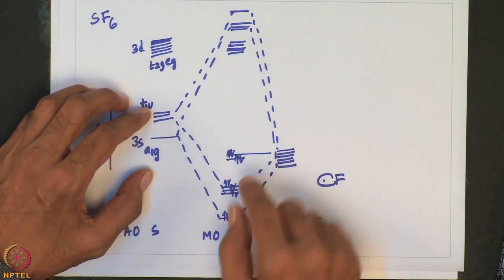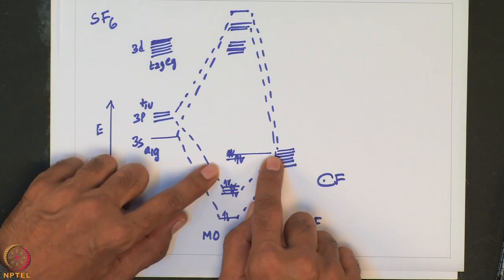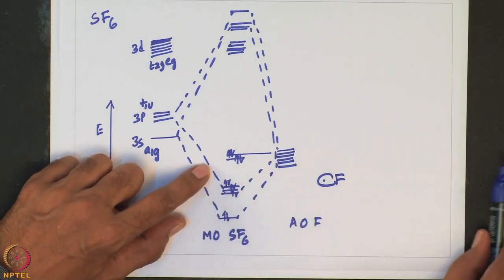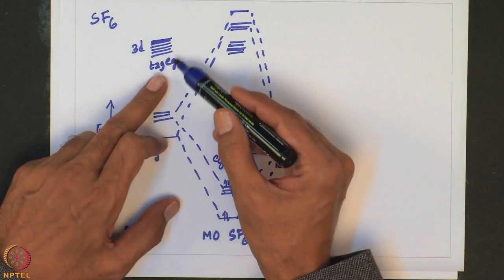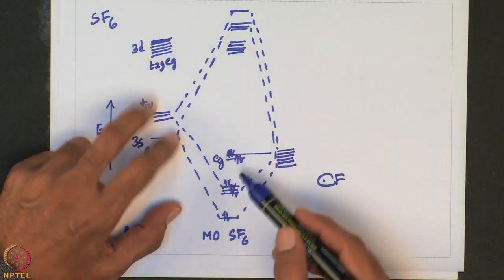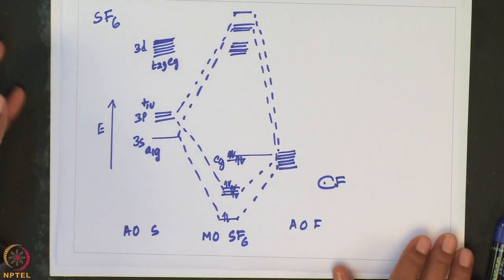As a result, 4 electrons coming from F having essentially Eg symmetry do not really interact with Eg of this one, they remain as non-bonding. Okay. So, this is how one can write the MO diagram and compare this with other bonding theories.